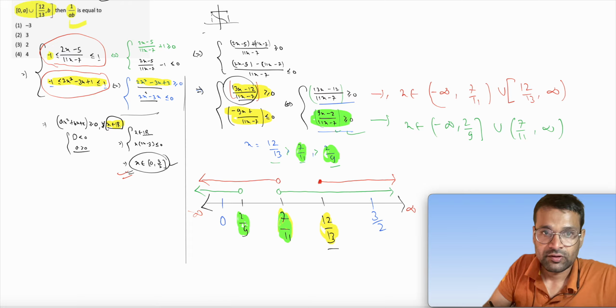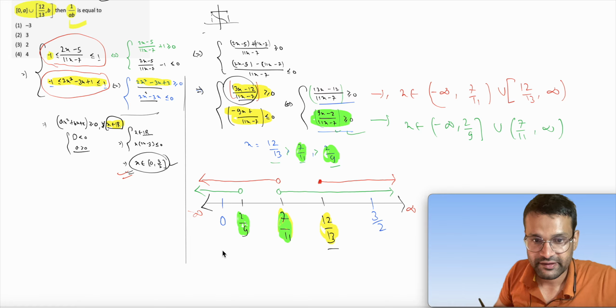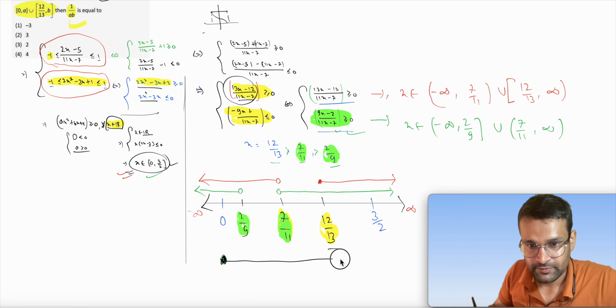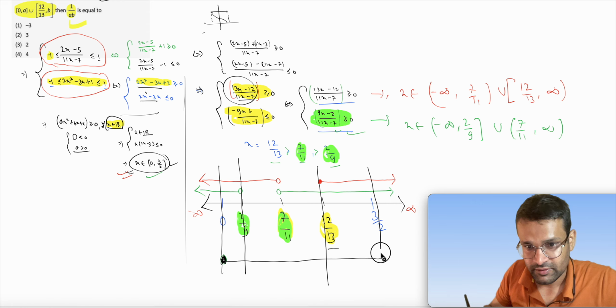Okay, now you take the final intersection. This is, and this part gives the answer: 0 closed to 2 by 3. Now you take the final intersection, and the final intersection is this.